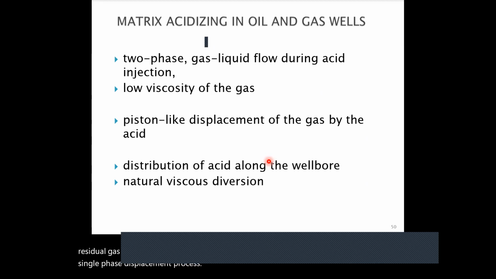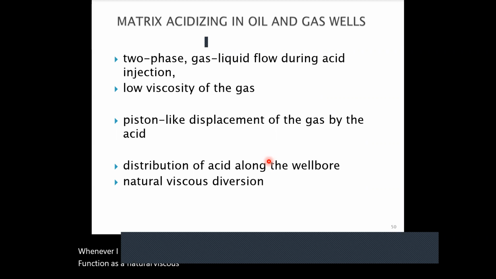On the other hand, the large contrast between the viscosity of the acid and the gas in the reservoir may be beneficial to better distribution of acid along the wellbore. Because the acid is much more viscous than the gas, there will be an increased pressure drop wherever acid is placed in the formation. So this can function as a natural viscous diversion.